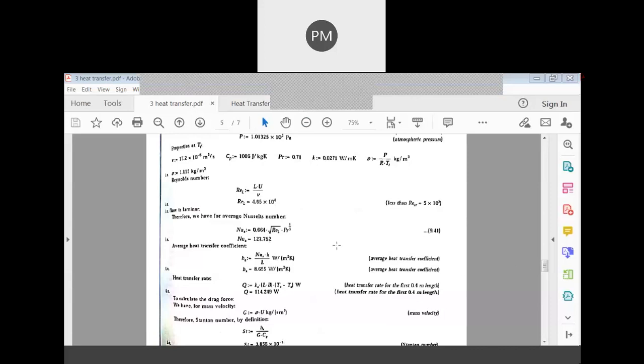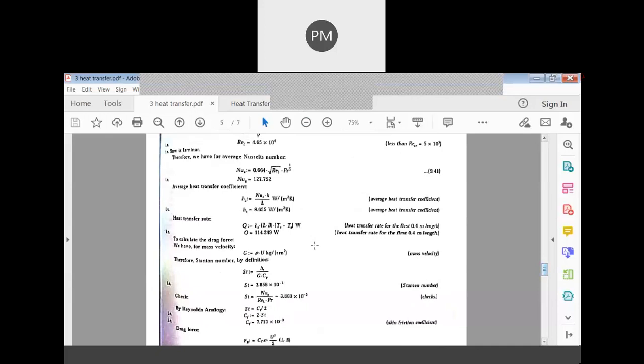So once you got the Nusselt number, you can find the average heat transfer coefficient using the formula Nu into K by L. See here, as you know, thermal conductivity has been obtained from the properties. Length is 0.4 meter.